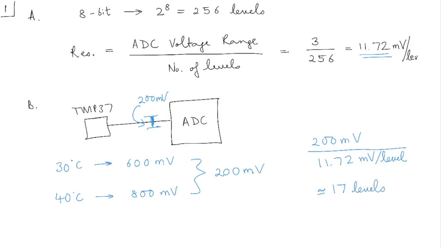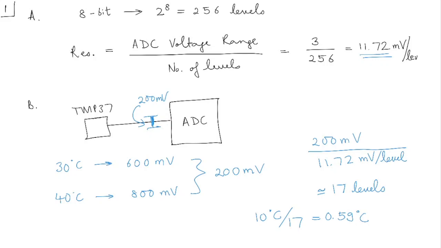So what's the temperature resolution then? It is 10 degrees Celsius divided by 17 levels, which turns out to be 0.59 degrees Celsius. So that's one way of calculating the resolution here.